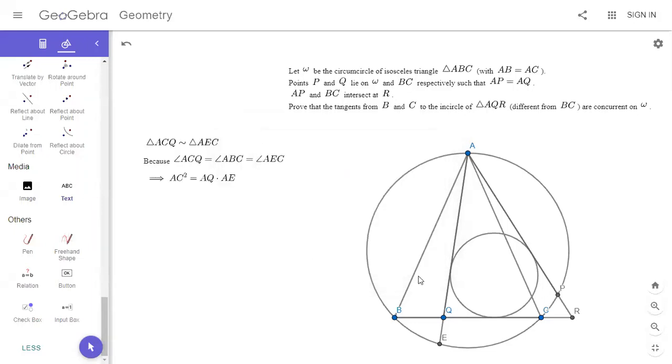And then at the same time, triangle ACP, I believe, is similar to ARC. Is that true? I'm not sure if that's true, actually. No. I'm trying to show that AC squared is AP times AR. Oh, well, that would have to be true if those triangles were similar. Yeah, no, that's true.